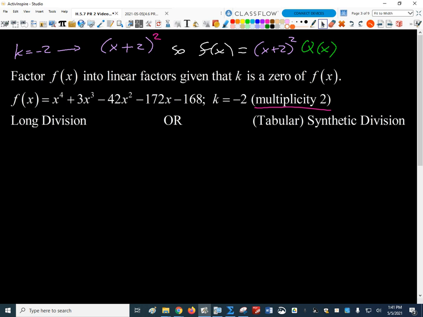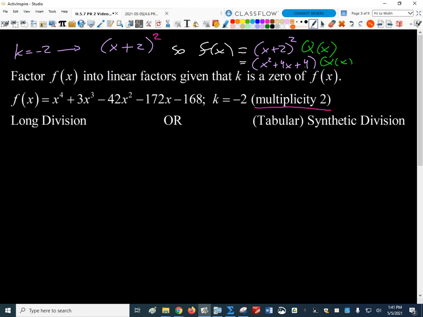So if I apply that here, then what am I going to get? What is x plus 2 quantity squared? Good. Plus 4. Good. Times q of x, right? Now we know what to divide using long division, right?